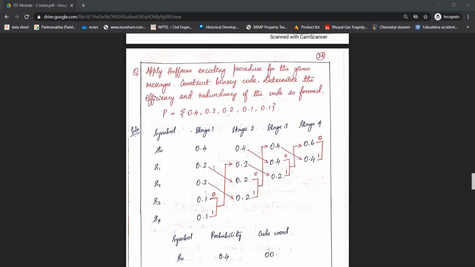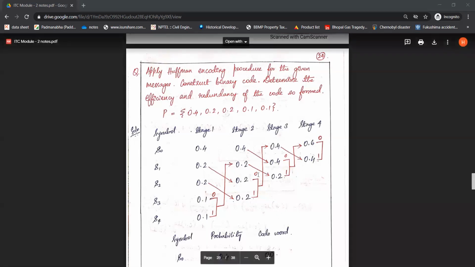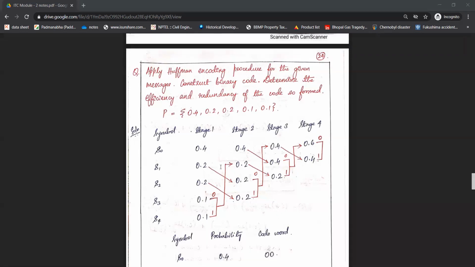Even though we have two 0.2's here, the newly obtained 0.2 is written first, and these two existing 0.2's are written below it. We'll draw a downward arrow mark and then write this point over here. Next, this 0.2 is written next to that 0.2.